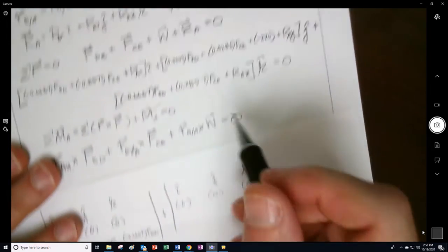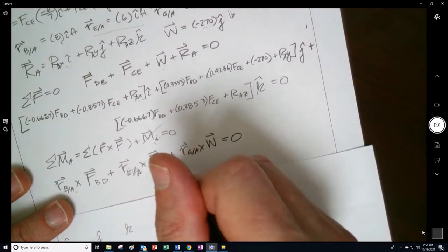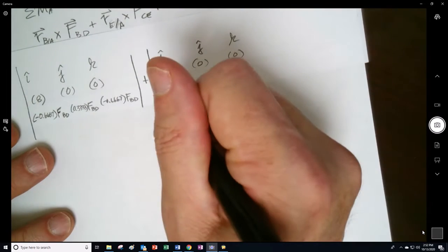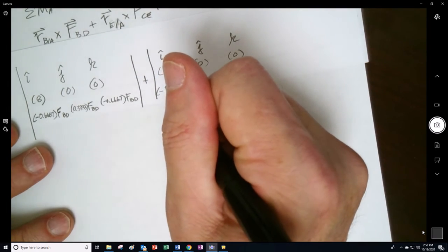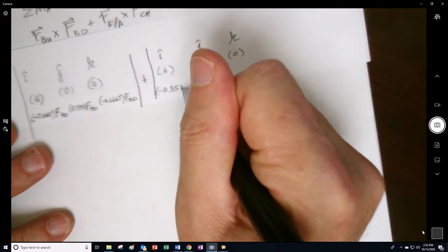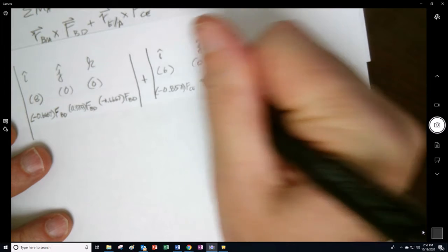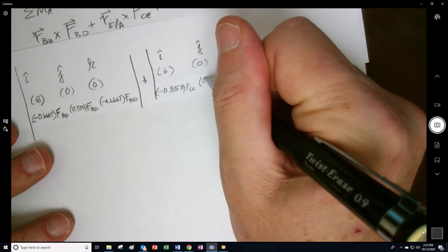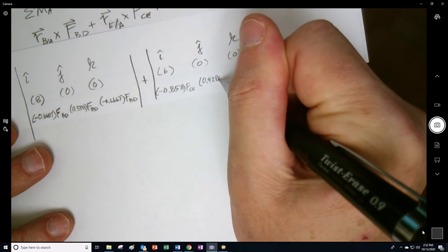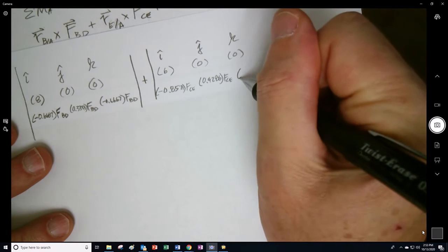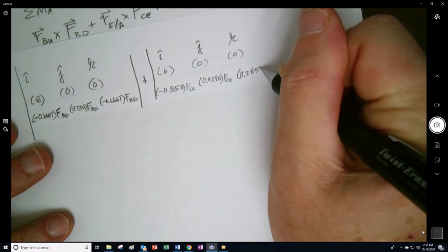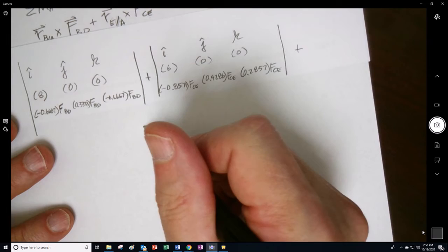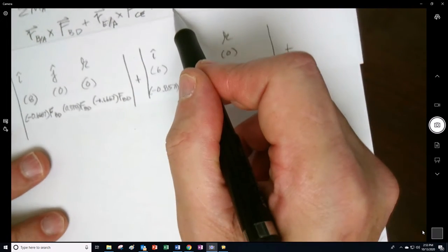And then I have to go FCE, which is right up here. So that's a negative 0.8571 FCE, I could have probably just put this on the outside, and 0.4286 FCE, and then 0.2857 FCE, plus another matrix for this guy right here.